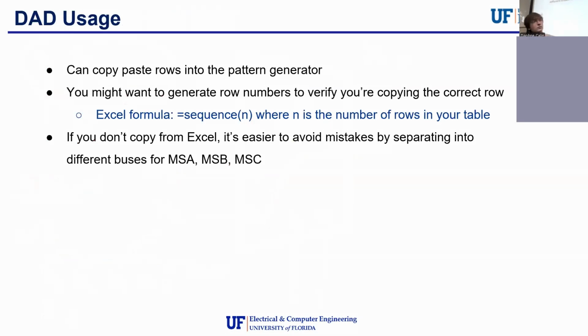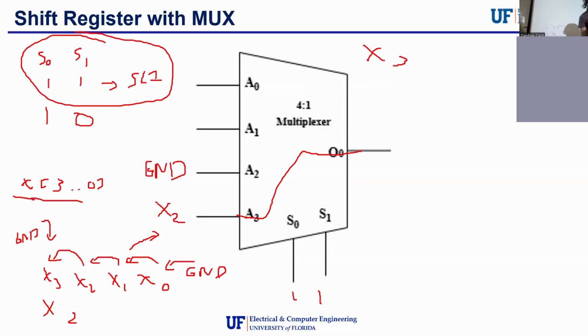Yeah, I guess one thing also is we're making an assumption here, which is we're doing logical shifts and not arithmetic shifts. Yes, that is true. The previous example would be good if you wanted to loop bits back around, like x0 would go to x3.